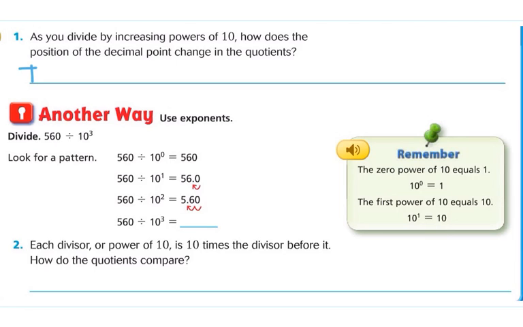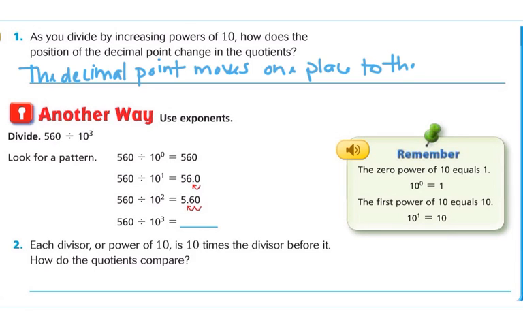So we would write down the decimal point moves 1 place to the left for each increasing power of 10.